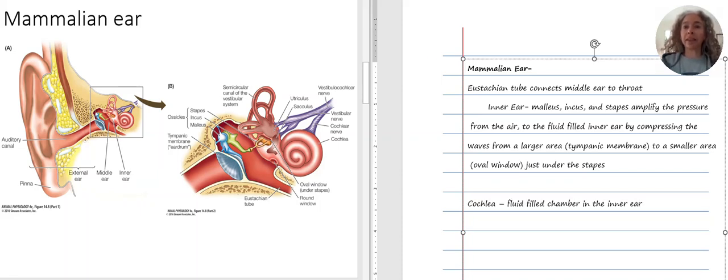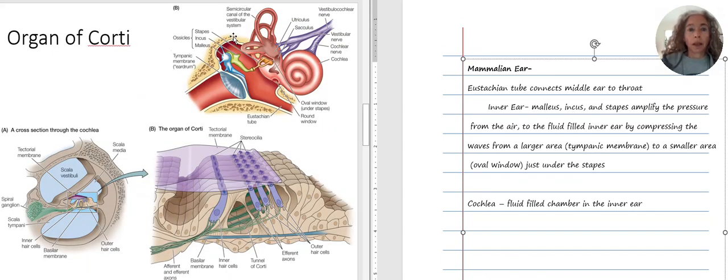The cochlea in the inner ear is a fluid-filled coiled chamber, and you can see that here. And we're going to blow that up. So you have the oval window right here under the stapes, and then this cochlea coiled right here. And this is this area blown up.